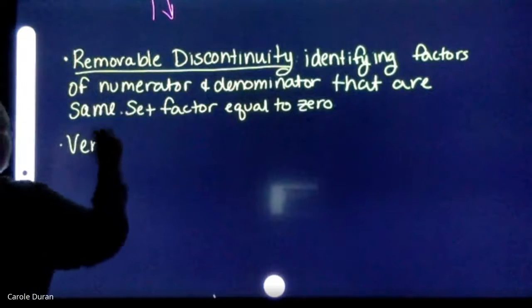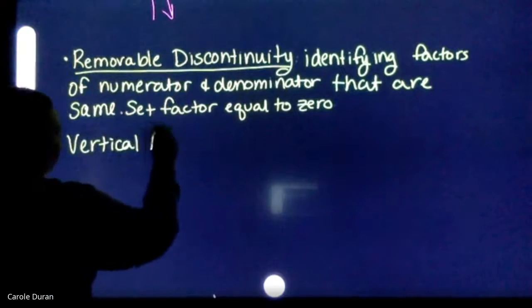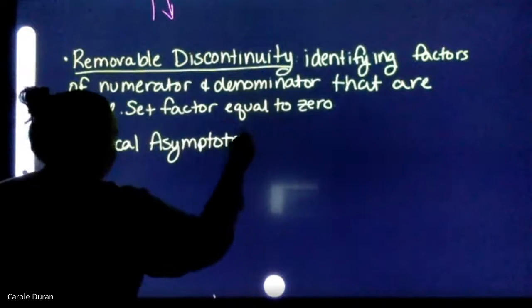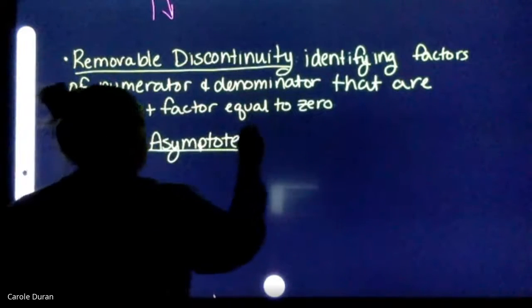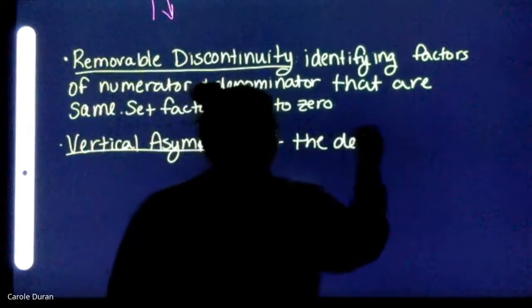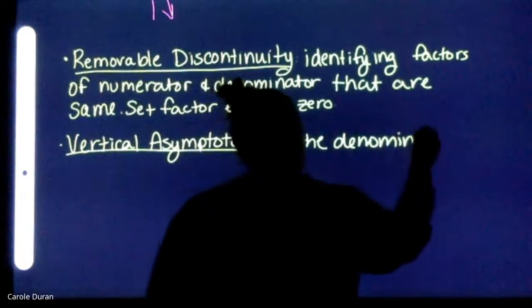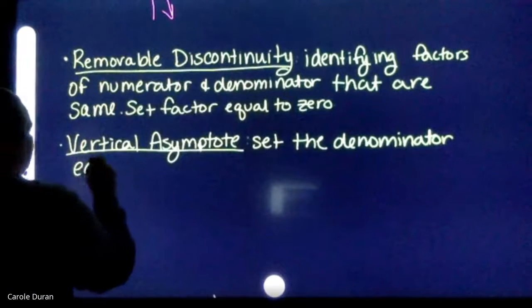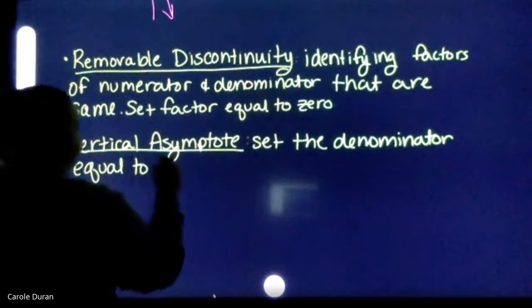Then we have our vertical asymptotes. I think this one is the easiest to figure out. Because we just set the denominator equal to 0. And solve, of course.